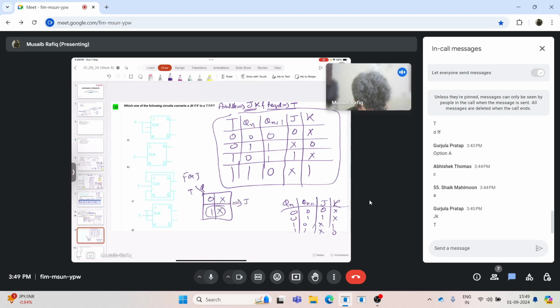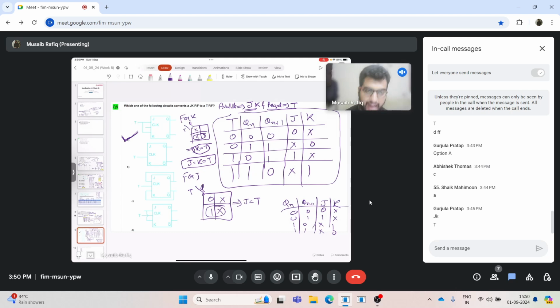That implies J is equal to T. And for K, this is T, this is Q, this is x0 x1. For K also it will be equal to T. So J equal to K equal to T will make the JK flip-flop a T flip-flop. So that is option A, as rightly pointed out by the students.